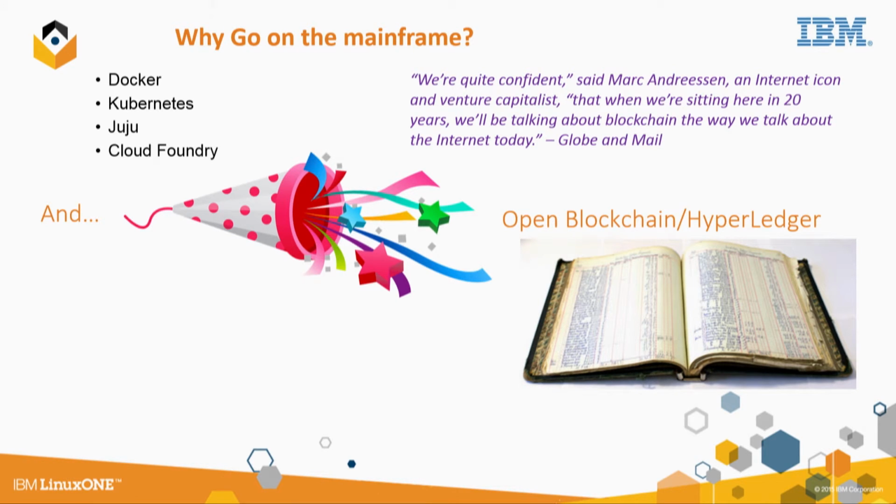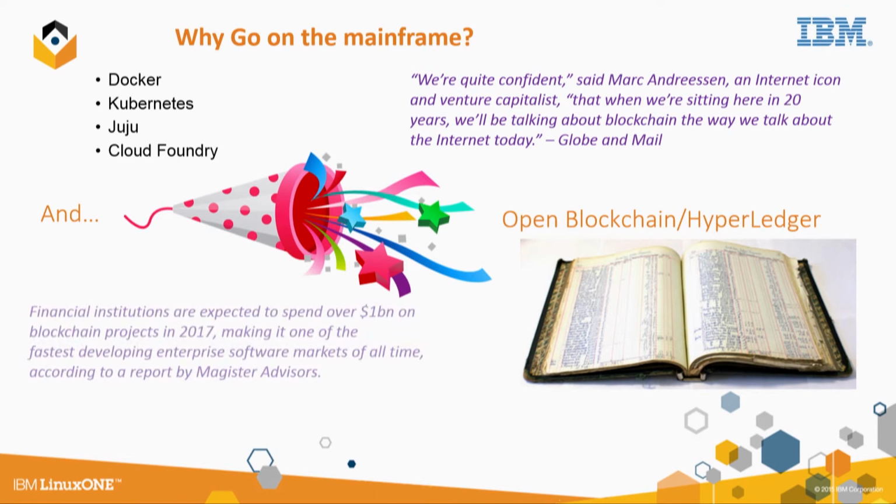Marc Andreessen, who is one of the founders of the internet, has said that in 20 years' time, we'll be talking about blockchain the way we talk about the internet today. In other words, it's going to become ubiquitous. And another analyst said that next year alone, financial institutions are expected to spend $1 billion on blockchain technology.